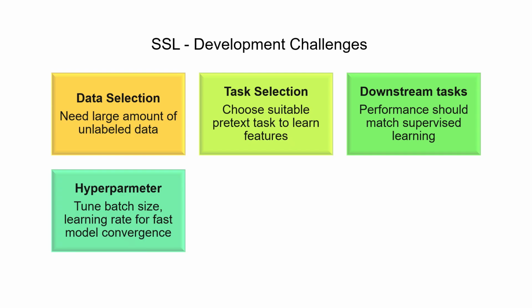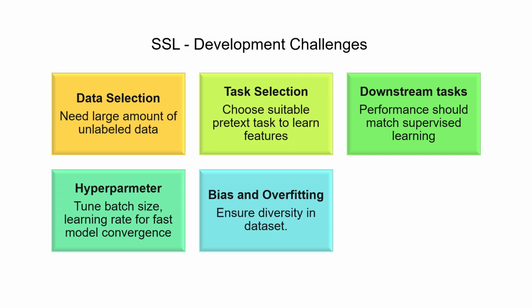Hyperparameters. Tune hyperparameters like learning rate, batch size, epochs for model to converge fast. Choosing incorrect batch size, learning rate may result in low convergence of the model. Bias and overfitting. Ensure the data is diverse and generalization of data to avoid overfitting, bias issues.